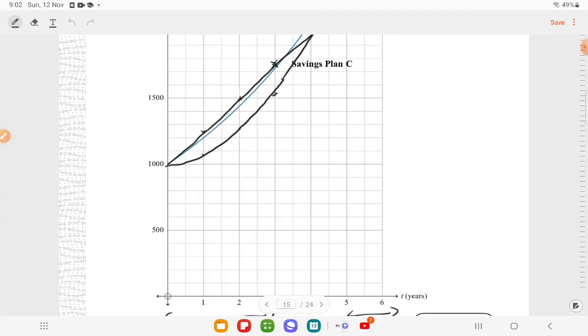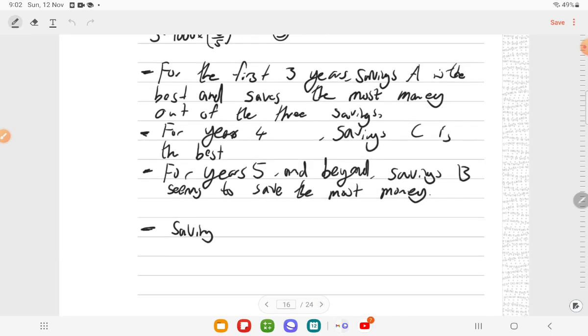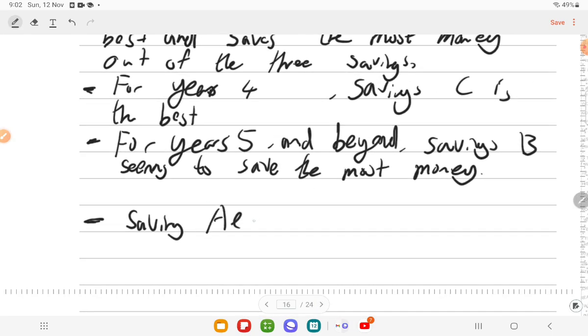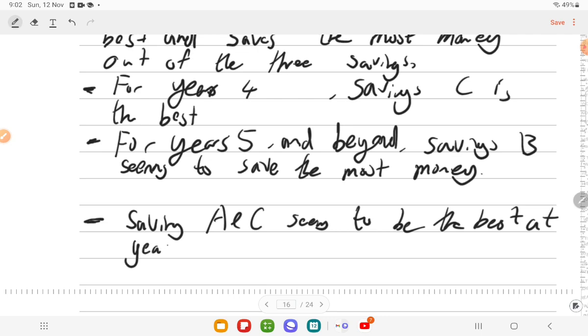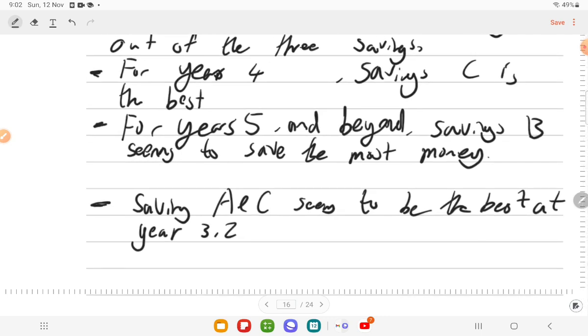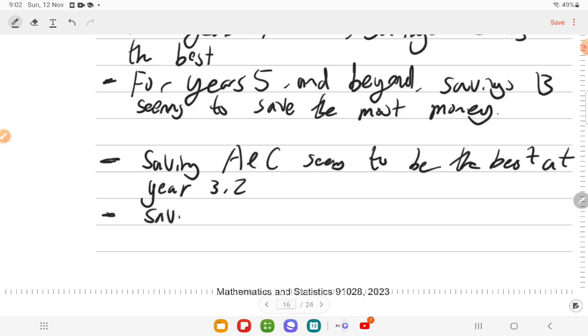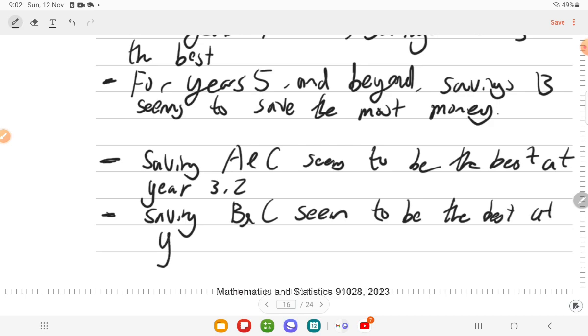So A and C seems to be the best. 3.2. Savings B and C seem to be the best.